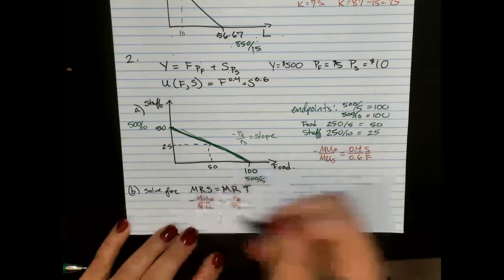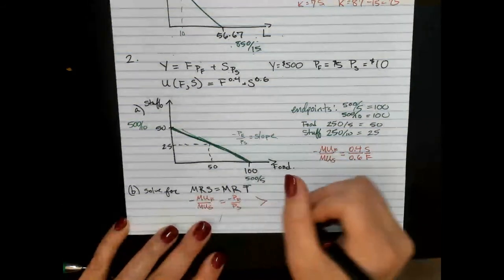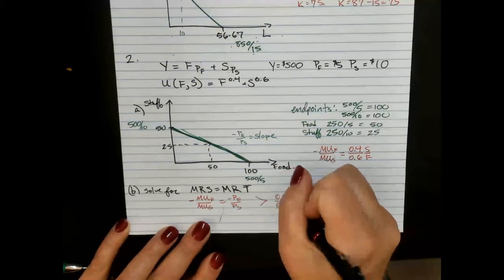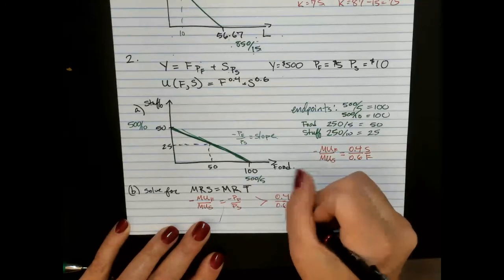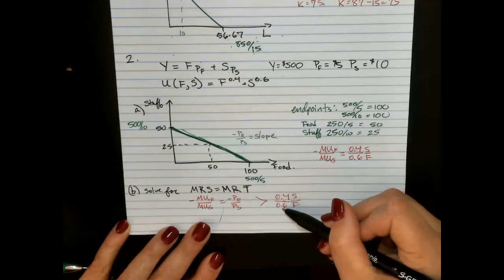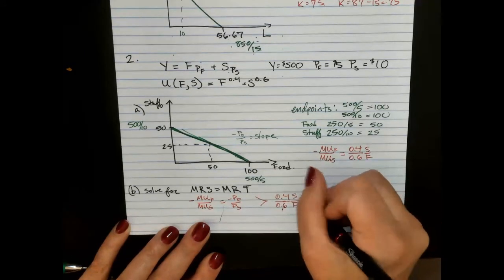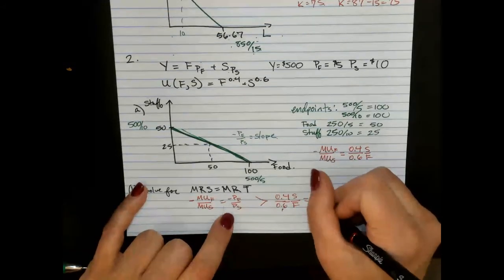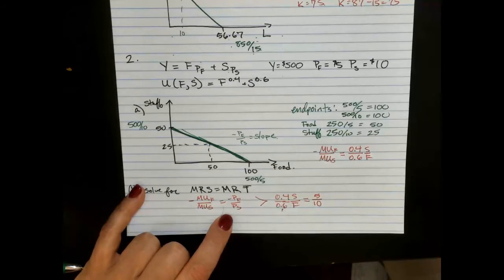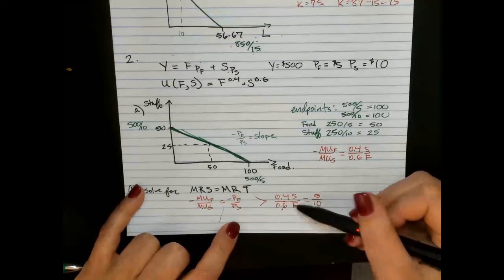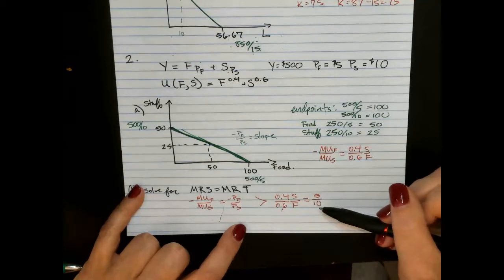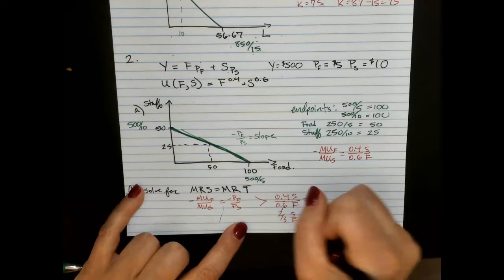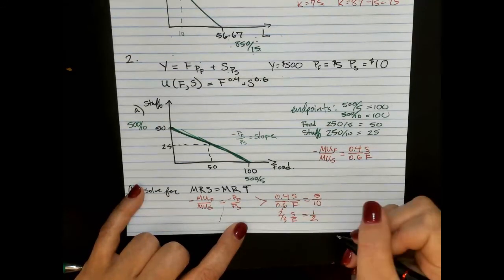So I take this back down here, and now I've got 0.4 S and 0.6 F. So 0.4 over 0.6 times S over F is equal to PF, which is 5, over PS, which is 10. That gives us 0.4 divided by 0.6 times S over F is equal to 5 over 10, or 2/3 S over F is equal to 1/2.